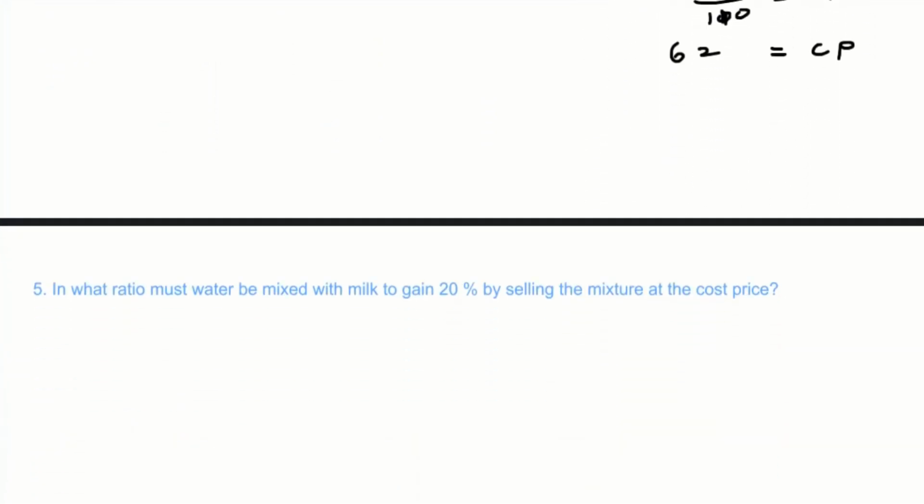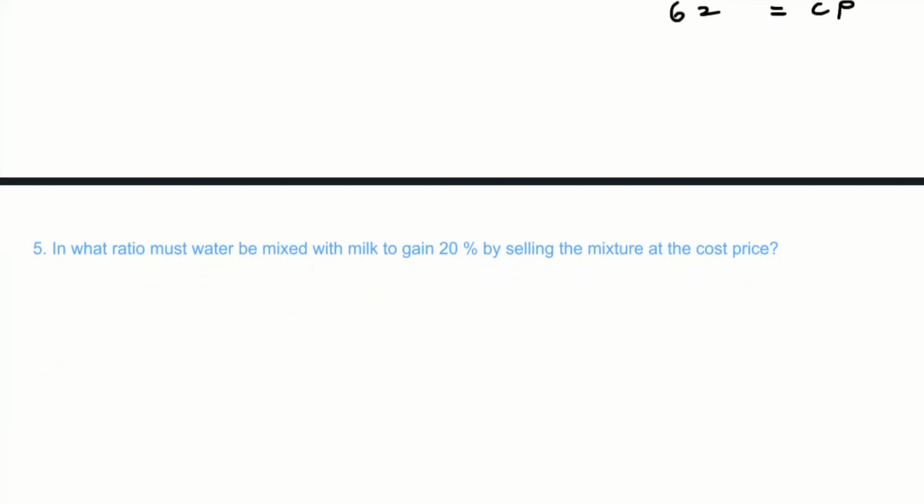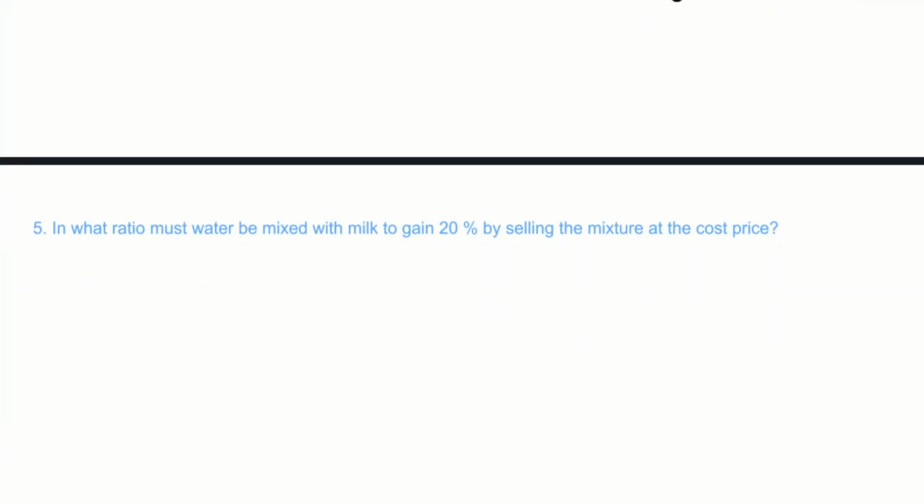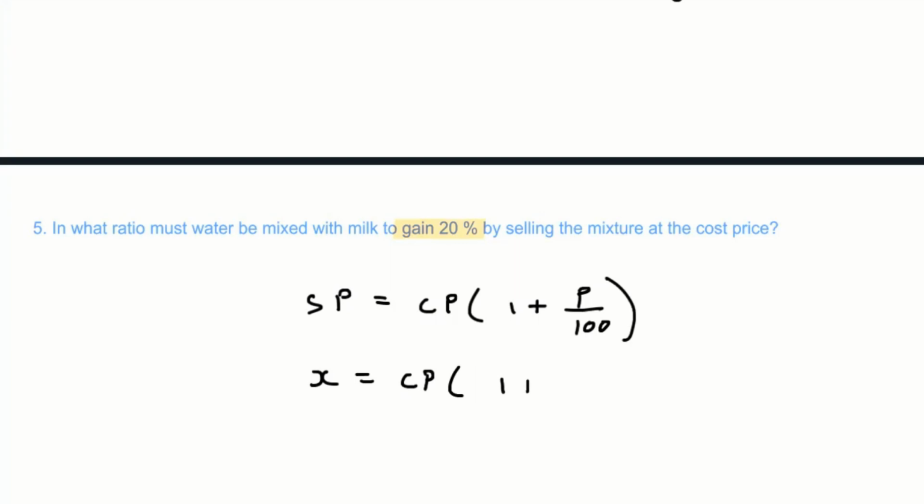In what ratio must water be mixed with milk to gain 20% by selling the mixture at the cost price? So here again gain is given as 20%. So I can write what the selling price is. Just now we wrote it is cost price into 1 plus gain by 100. So let the selling price, we don't know what it is, be X. Selling price is cost price into 1 plus 20 by 100.